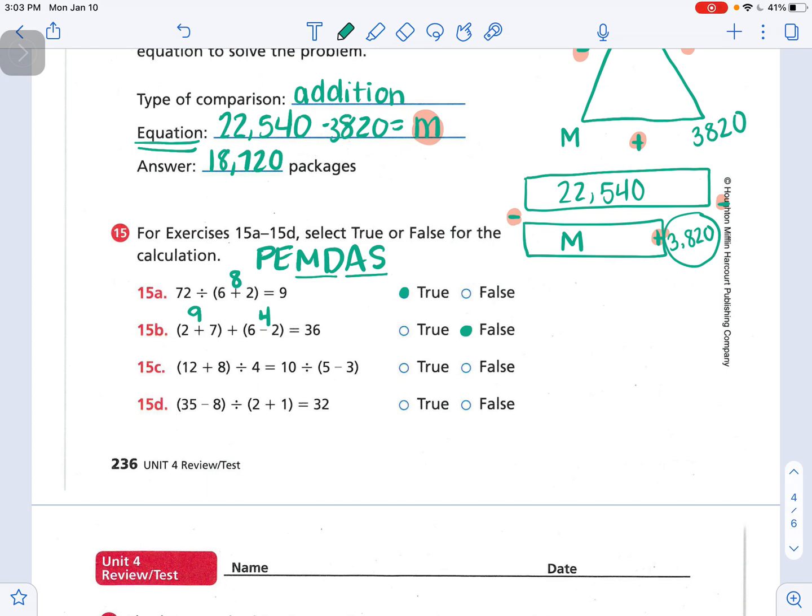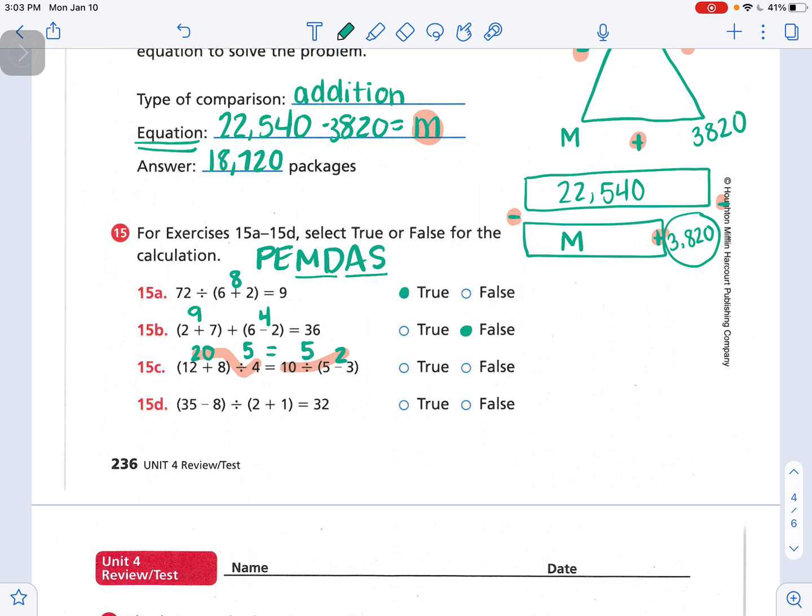First is my parentheses. 8 plus 12 is 20. 5 minus 3 is 2. Now I'm going to do my division. So 20 divided by 4 is 5. And 10 divided by 2 is also 5.